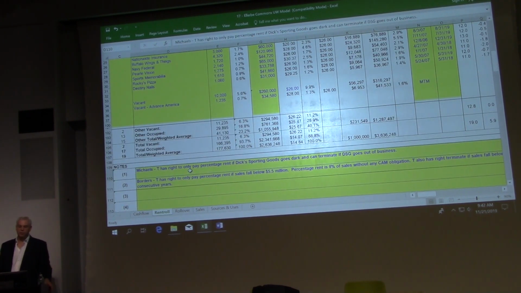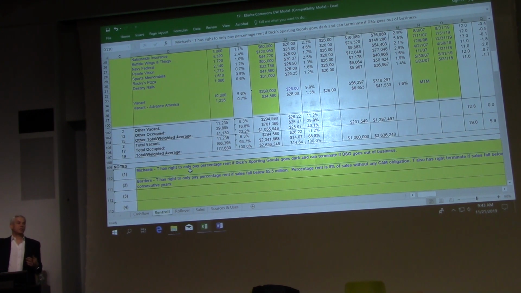So percentage rent. I think there's a question on the exam. I just want to make sure everybody understands what percentage rent is. Landlords will induce tenants to come to a center because of percentage rent if they can't get the base rent that they want. So if a landlord wants a tenant to pay $30 a foot, but the tenant only wants to pay 25 max, because the landlord thinks they're going to do X in sales, the tenant thinks they're only going to do Y in sales, there will be what's called a break point that's agreed to in sales.